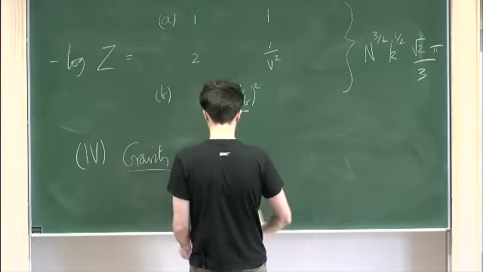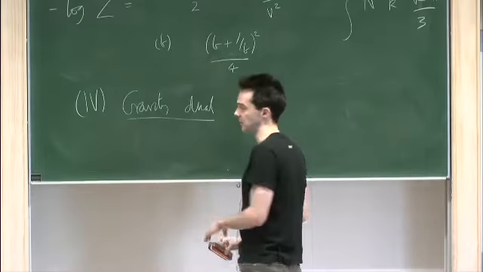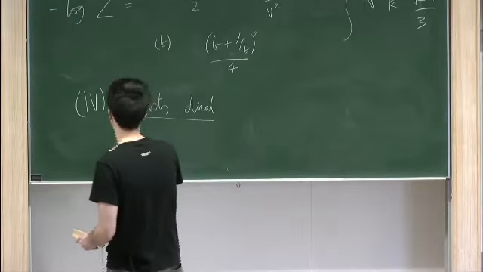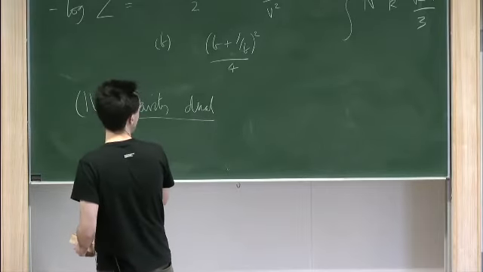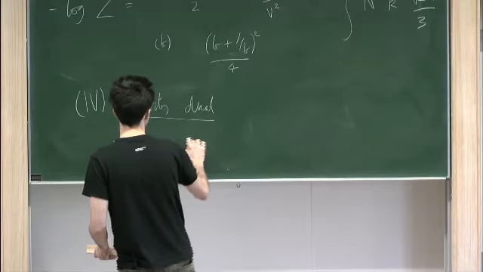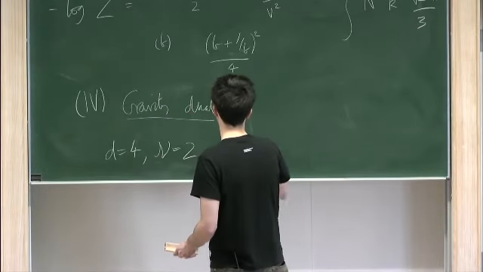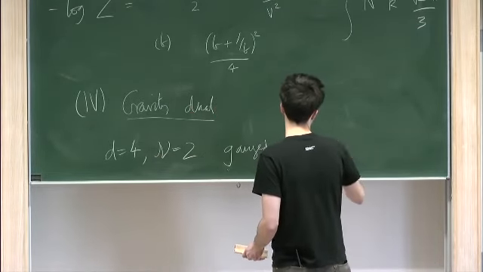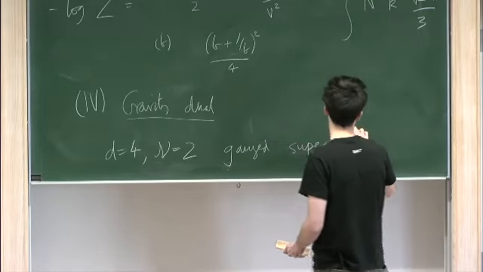Okay. So I'm going to work in a supergravity theory in 4 dimensions. So I use D equals 4, N equals 2, gauged supergravity.